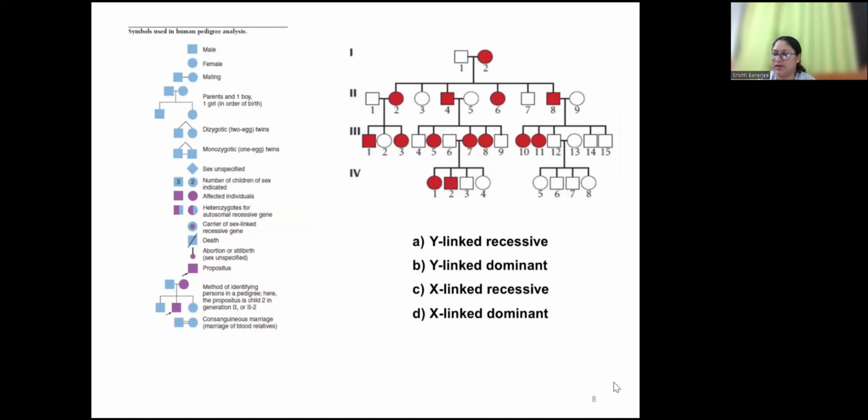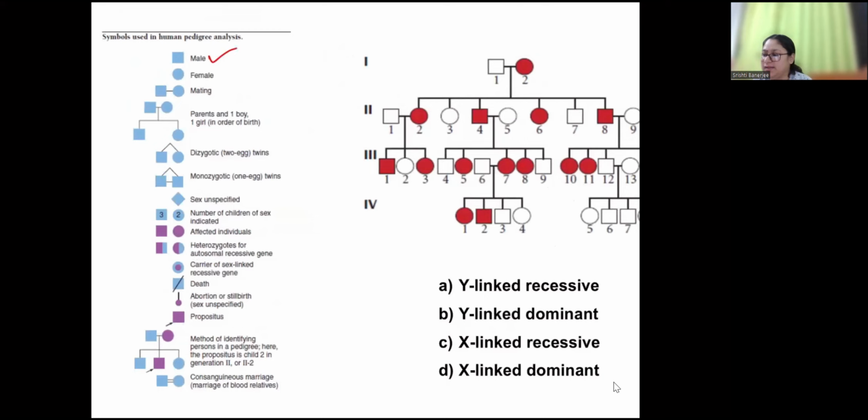This is a bit more detailed, about the different indications. I've already discussed that this is the male, this is the female, this is mating, parents with one boy and one girl in order. Keep in mind that whatever comes first is the order, which is important because when we are solving the probability of having two sons in a row, maybe one son and one daughter in a row, in those probability calculations, the order is very important.